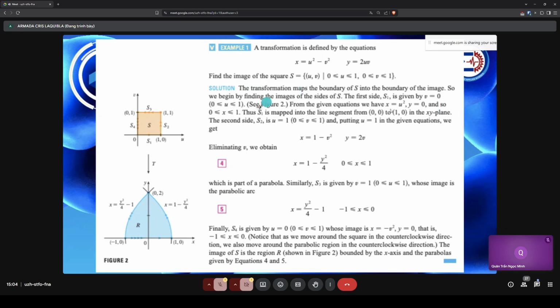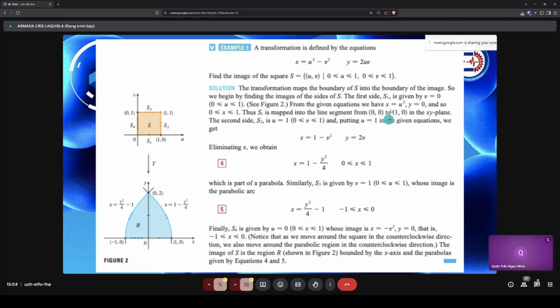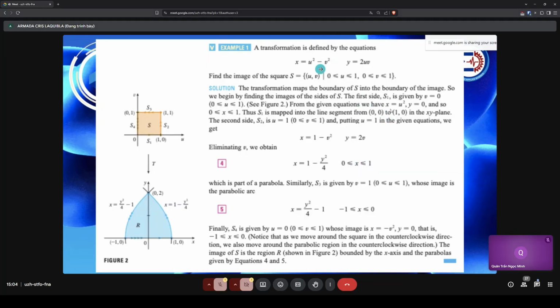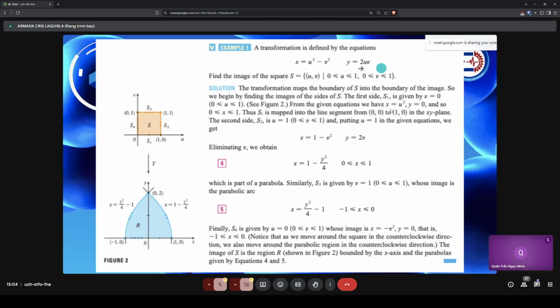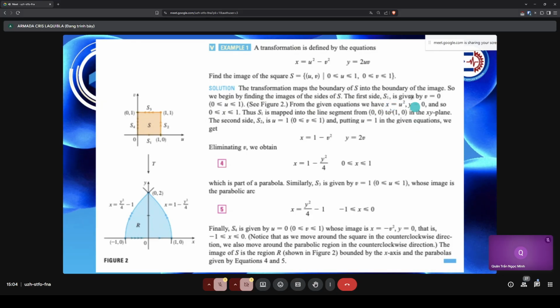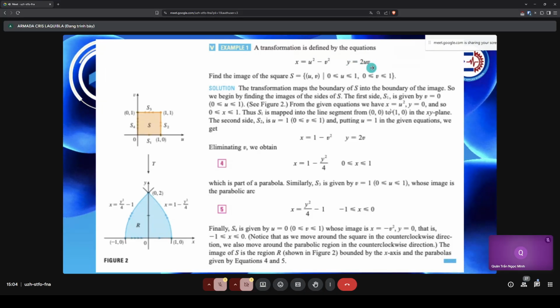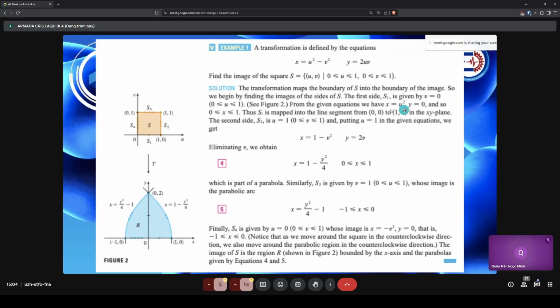Now V is equal to 0, partner that with your U from 0 to 1. Now from the given equations, substitute it there in your x and then in your y here. Now if your v here is 0, x is equal to u squared. And if your v is 0 and your y is equal to 2uv, your y there is 0.